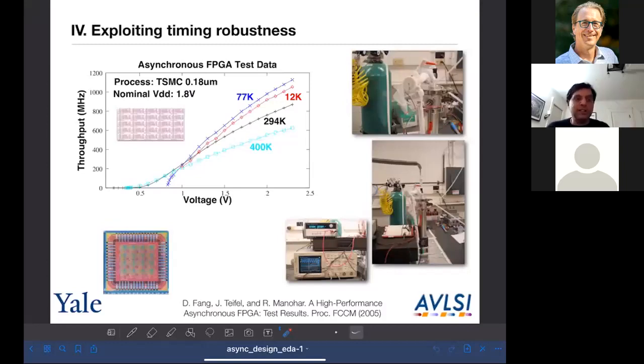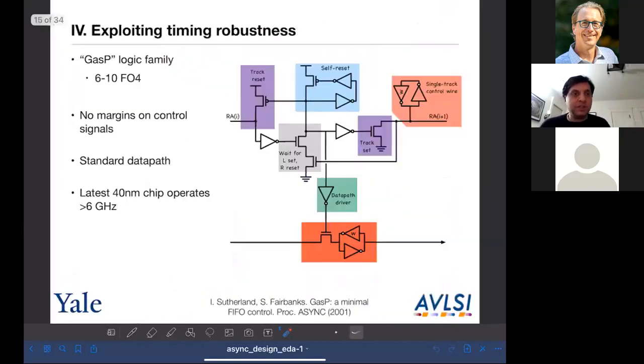We showed that essentially the chip can run from 400 Kelvin all the way down to 12 Kelvin. And you can change the voltage while the chip is running and everything still works. So you could imagine using something like this for building cryogenic electronics, and we're actually doing a little bit of that now. So that's another example of how you can use timing robustness for doing interesting things.